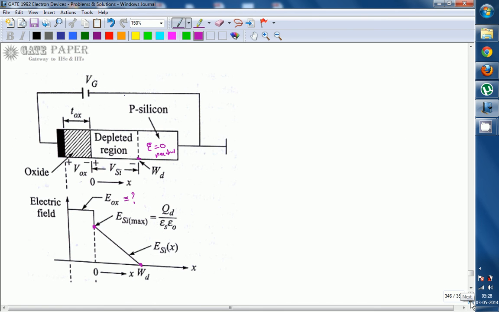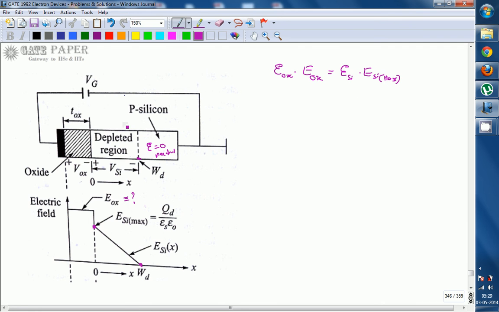We can write this equation. The flux lines in the oxide layer can be written as epsilon oxide into E_ox, the electric field in the oxide layer. So epsilon oxide into E_ox is equal to, at the silicon interface, epsilon silicon into E_Si, the electric field of silicon, but it is the maximum we should consider because at the interface only we are calculating.